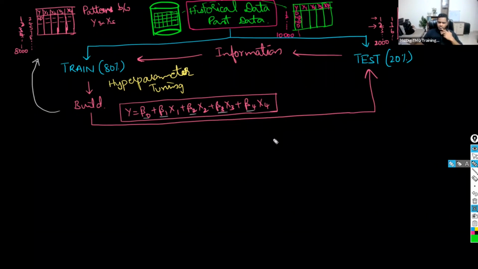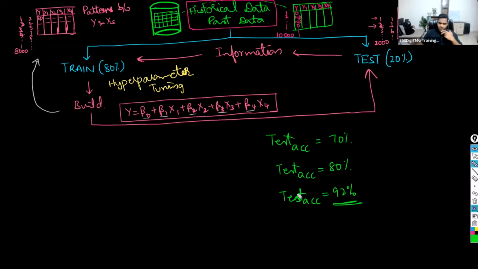Say you get an accuracy of 70%. With this information, you go back and tweak your hyperparameters, again build your model, and again test it on the test data. This time probably you got an accuracy of 80%. With this information, you go back, tweak your hyperparameters, again test it on the test data. Maybe this time you got an accuracy of 92%, and you're saying that the model accuracy is 92%.